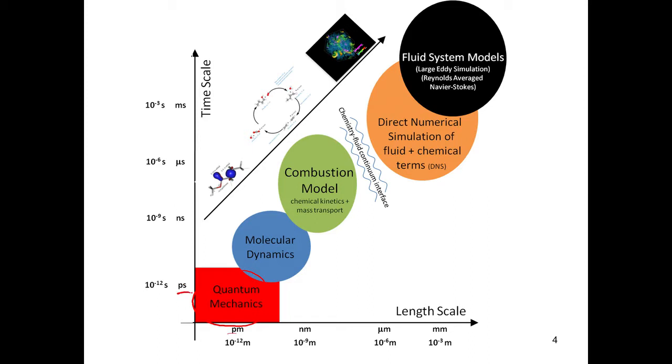Molecular dynamics, which is the study of how a large number of atoms and molecules interact among themselves, governs when you go from single molecules to multiple molecules and atoms, and those scales are of this order. Then you come to the kinetics models, where the time constants of different reactions are of the order of microseconds and micrometers.